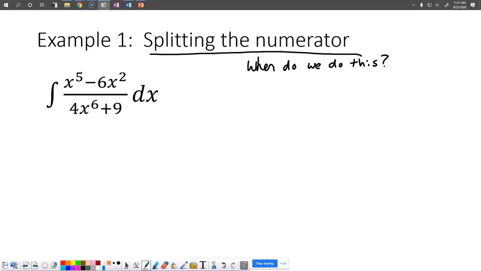When do we do this? Well, you're going to do it anytime it's a possibility, if your numerator has more than one term.